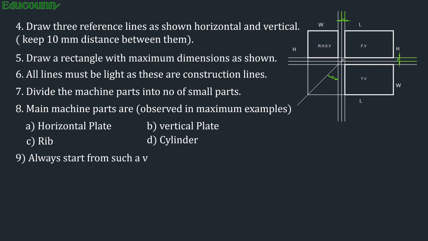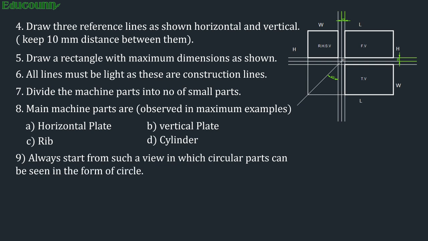One more important thing is that always start from such a view in which circular parts can be seen in the form of a circle. For example, cylinder. If a cylinder is kept on the ground, you can see the circular part or circle in the top view. So in this case, while drawing an orthographic projection of a cylinder, you will start from the top view because a circular part in the form of a circle is seen in the top view.